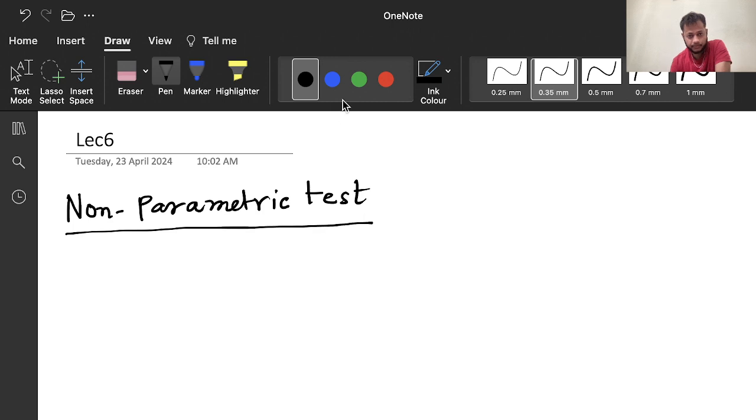Now you see, whatever we did in the previous lectures, we always considered that the underlying distribution of the population is either Gaussian or some known distribution.